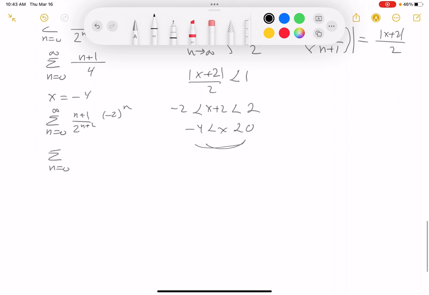N equals 0 to infinity, n plus 1 over 2 to the n plus 2, which is 2 to the n times 2 squared, and minus 1 to the n. So you get n plus 1 over 4, times minus 1 to the n. And again, test for divergence, it fails again.